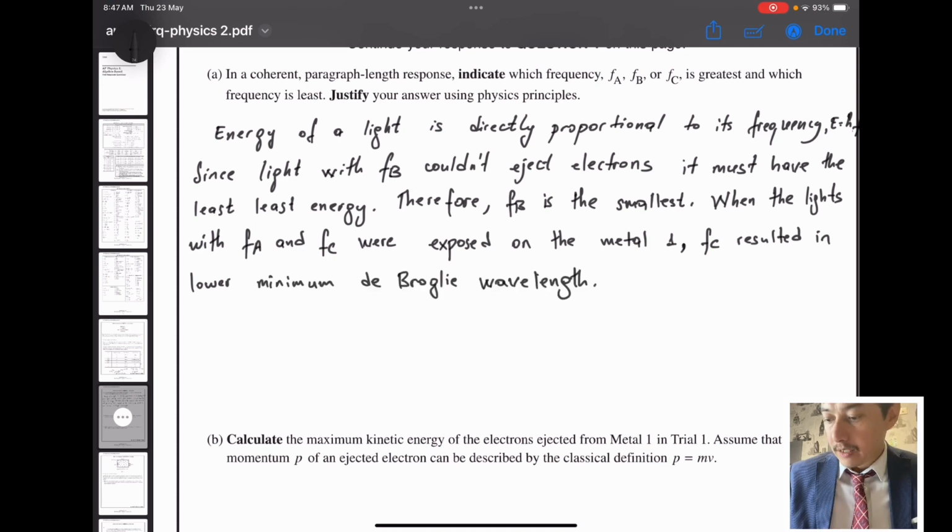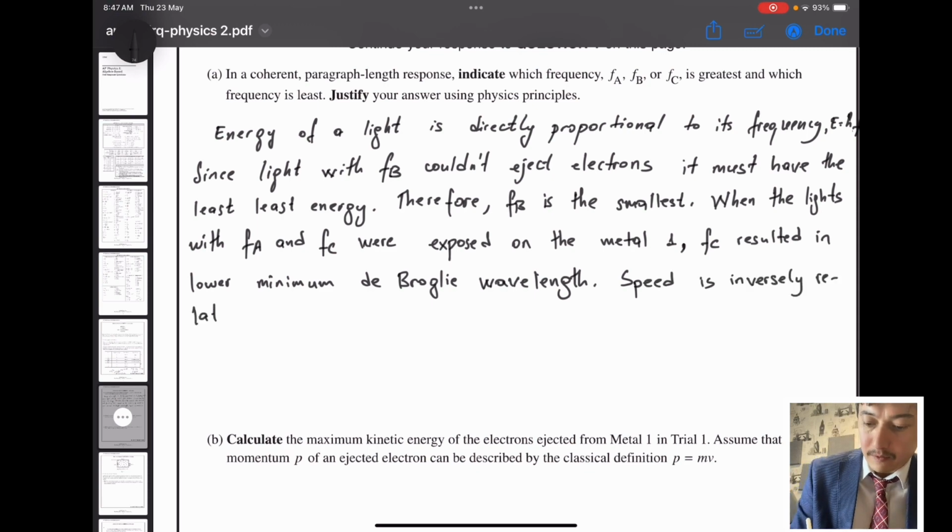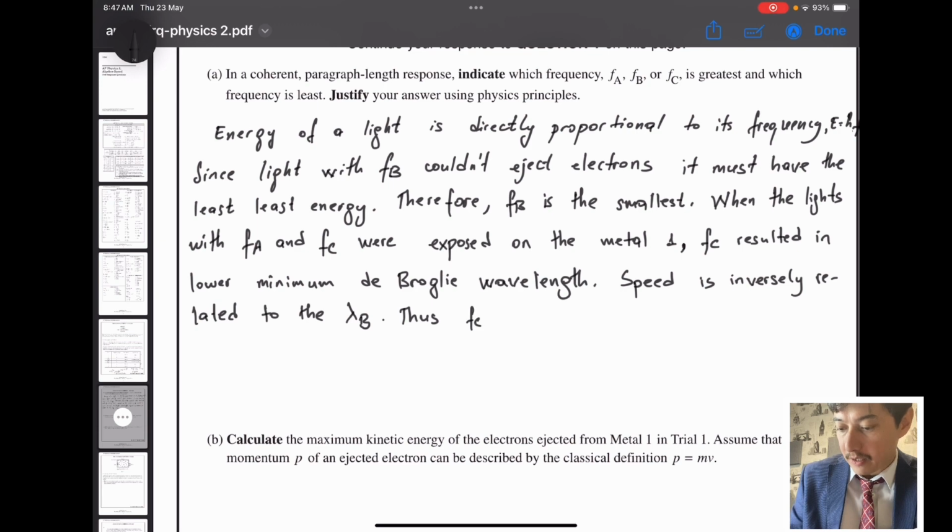Now, speed is inversely related to the de Broglie wavelength. Let's shorten it. Thus, Fc is resulting in higher speed.